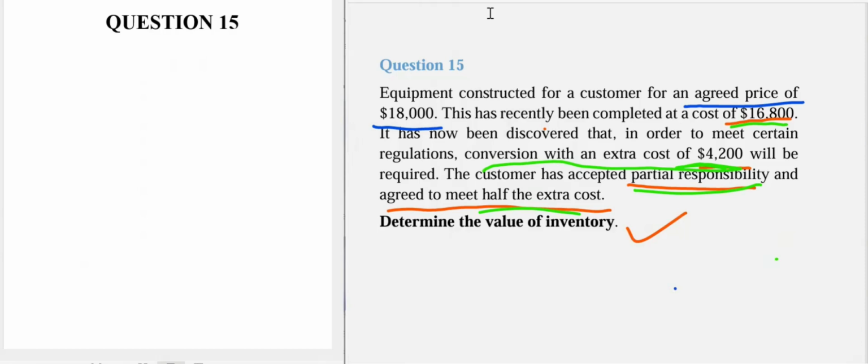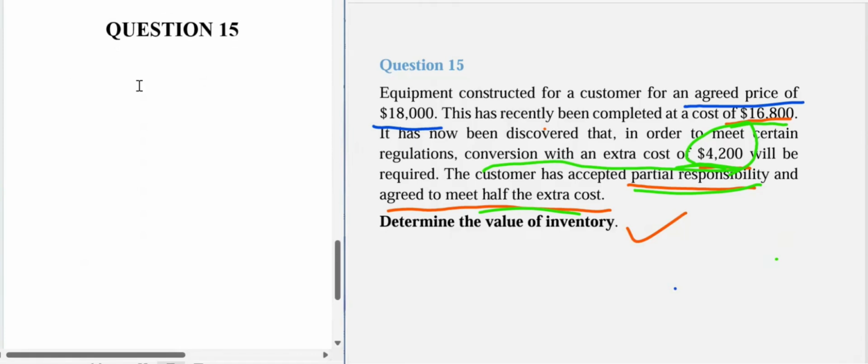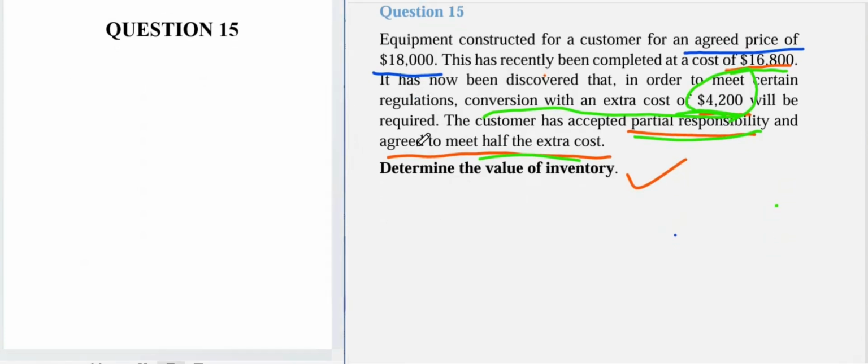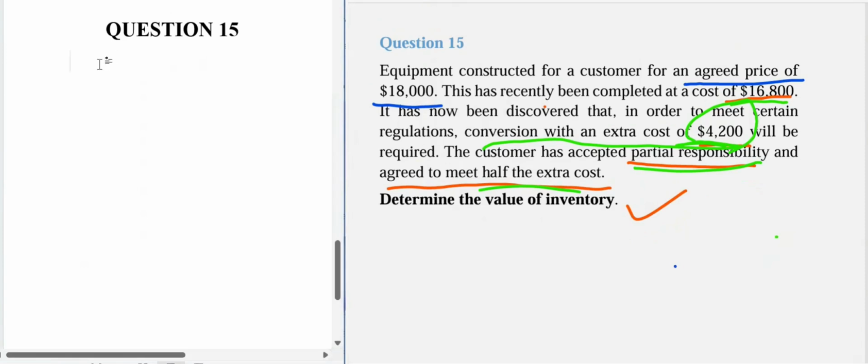So this $4,200, that extra cost, the customer has agreed to take half of it. So we'll take half of that cost, right? So very simple, just find half of it, and that will be the conversion cost that the organization will be taking. Are you following? So with question 15, it's very simple.